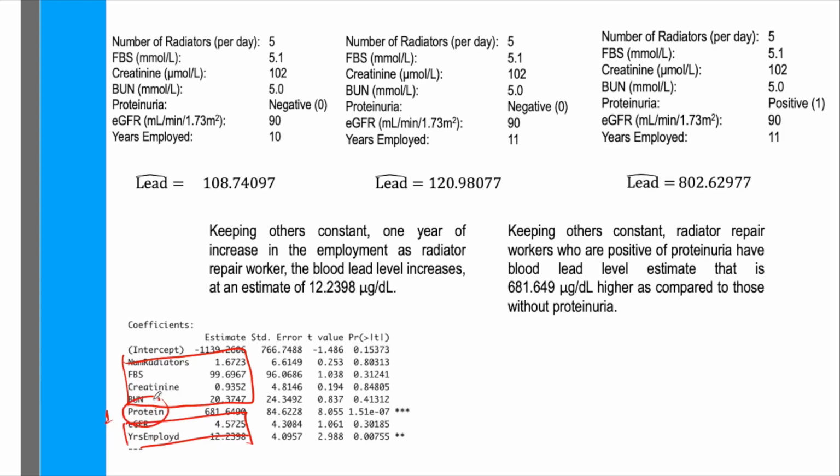However, there's no unit in proteinuria since this is the presence or absence of proteinuria. 0 means absence, 1 means present. So 1 unit increase means that from absent to having proteinuria, or in other words, when a radiator repair worker has proteinuria, his blood lead level is 681.649 higher as compared to those without proteinuria.